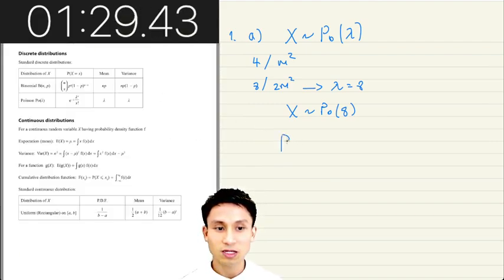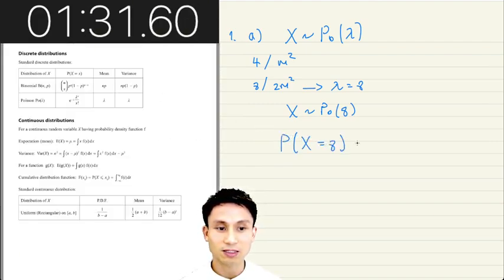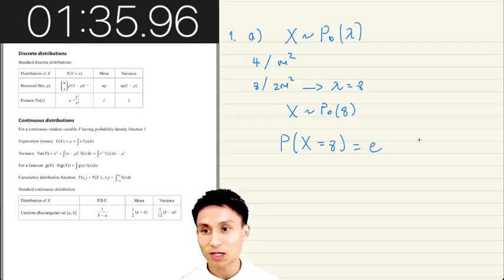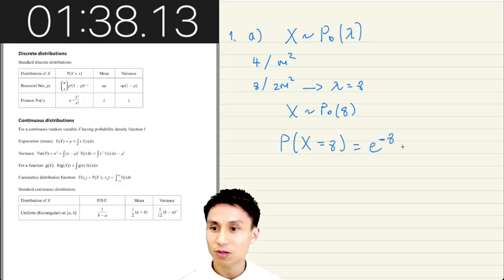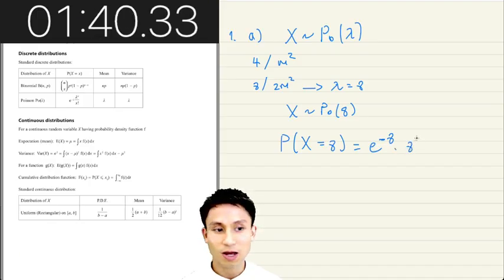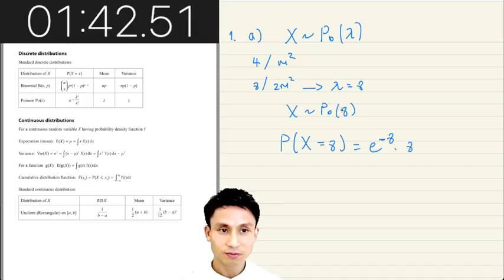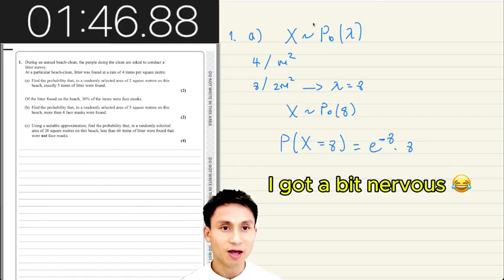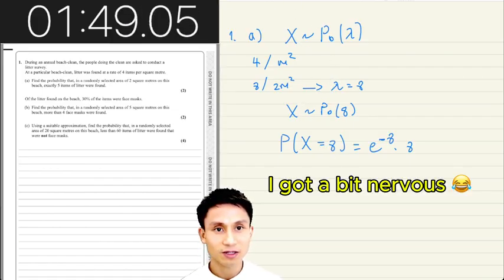So I'm just going to use here P(X = 8) exactly. It's going to be equal to e to the minus lambda, lambda being 8, and then 8 to the power of x. Wait, hang on. Sorry, it's exactly 5. So this is 5, not 8.